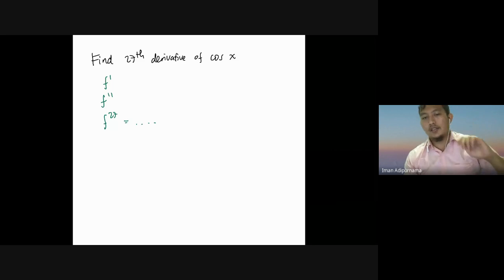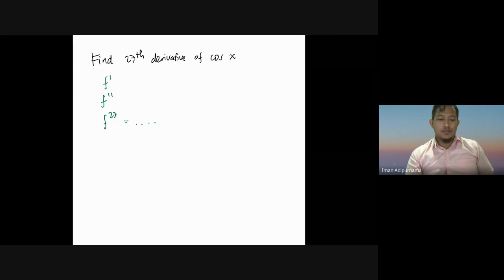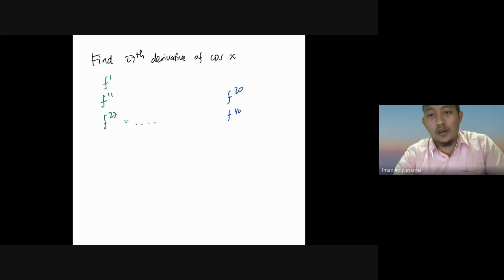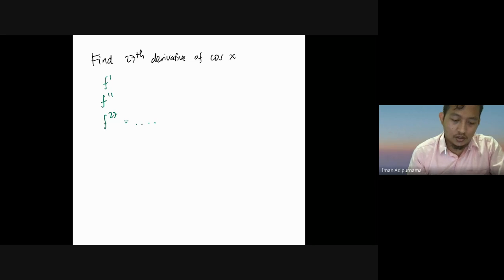The question is asking, and eventually you can also make it like maybe f^(30), f^(40), or maybe 100, 200. But first, what I want to share with you is the logic behind how we are going to find this.